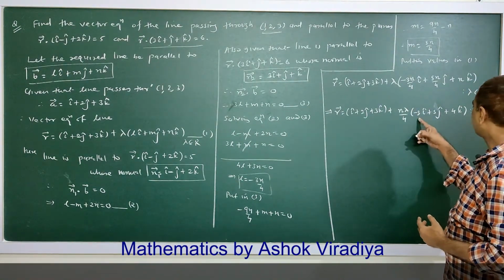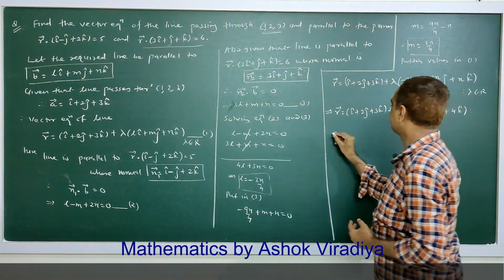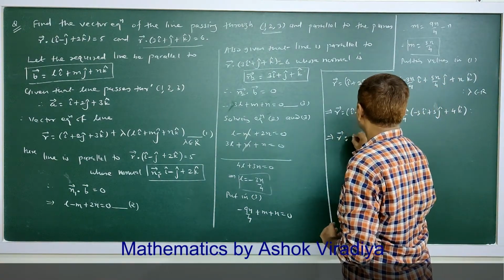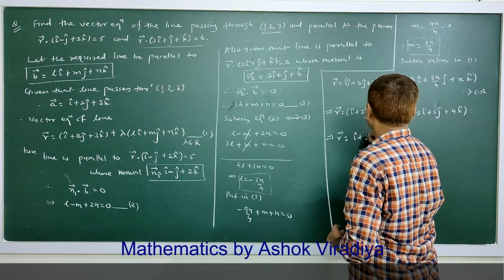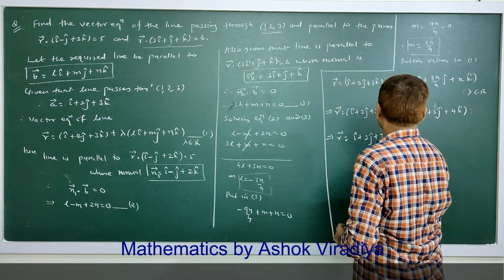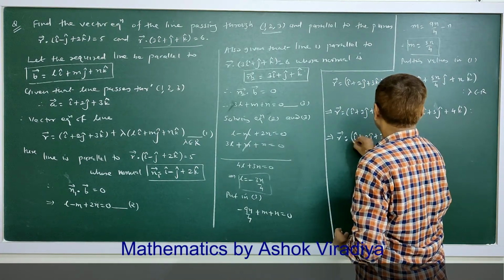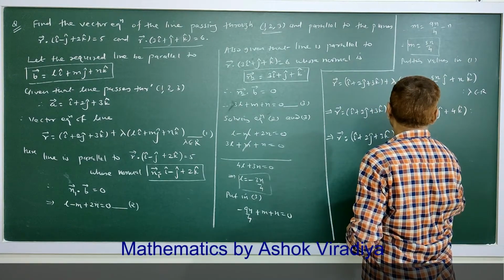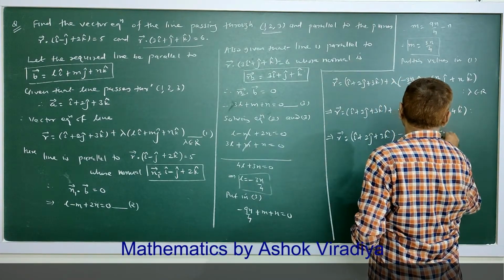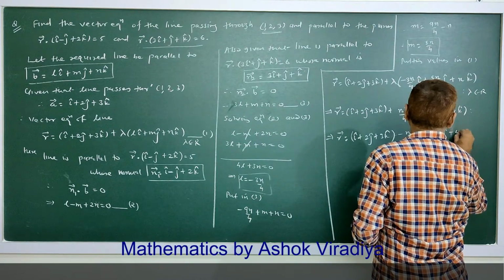Now to put this in better form, I am taking minus common. Taking minus common, this is 3i minus 5j minus 4k.